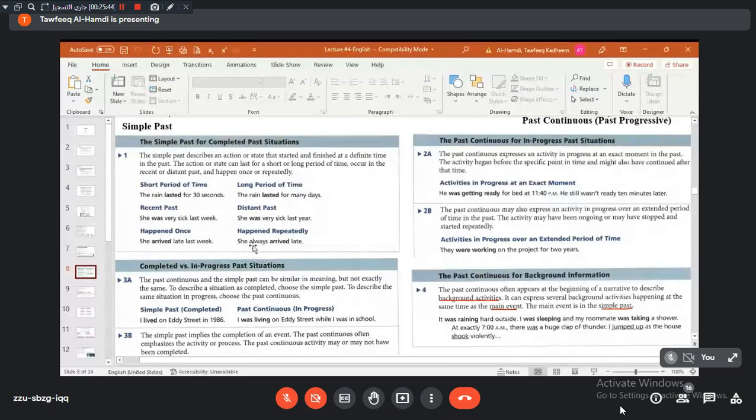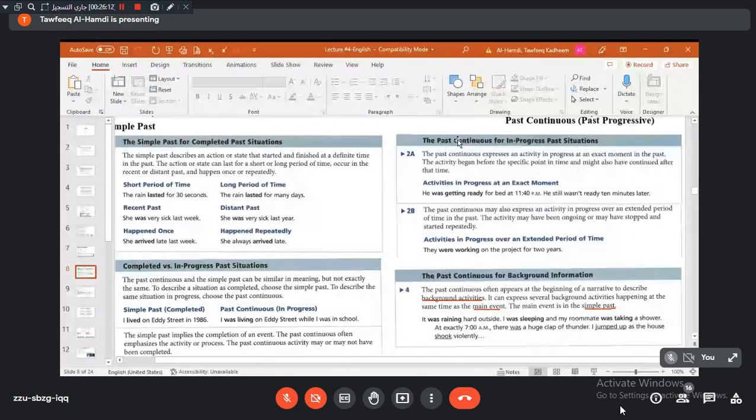On the other hand, when it comes to using the past continuous or the past progressive, the difference between the simple past and the past continuous is that the simple past, as I said, is used for completed past situations, while the past continuous is used for in-progress past situations.